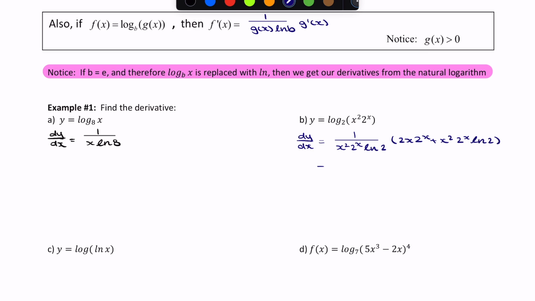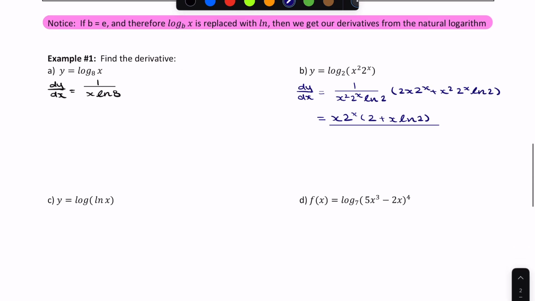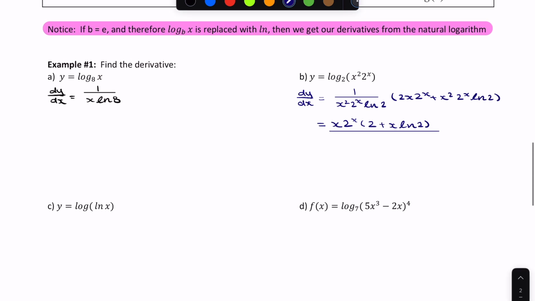Okay, so let's try to simplify this a little bit here. So here we have x and 2x, so we factor out x and 2x, and here we'll be left with 2 plus x ln 2 over everything that's on the bottom, which was x squared 2 to the power of x ln 2.